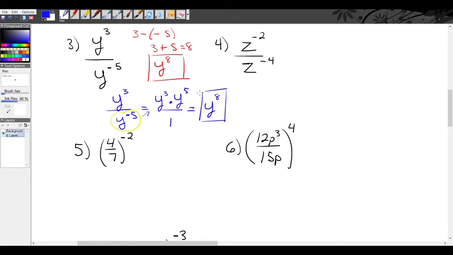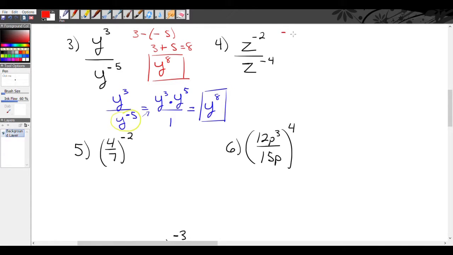So two different ways to get the same correct answer, to end up with the same simplified expression. So let's take a look at now example number 4. If we do example number 4, the first way I talked about, z to the negative second divided by z to the negative fourth, we end up subtracting the exponents, top exponent minus bottom exponent.